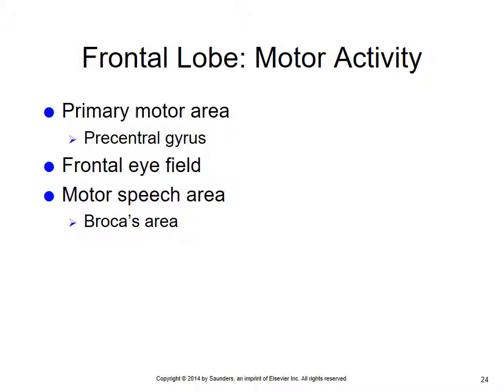So if a person were to suffer a stroke that involved Broca's area, they would be able to understand what you were saying, but might not be able to respond verbally. And the reason being is Broca's area deals with the physical aspects of producing speech, not the cognitive issues such as understanding the meaning of words.